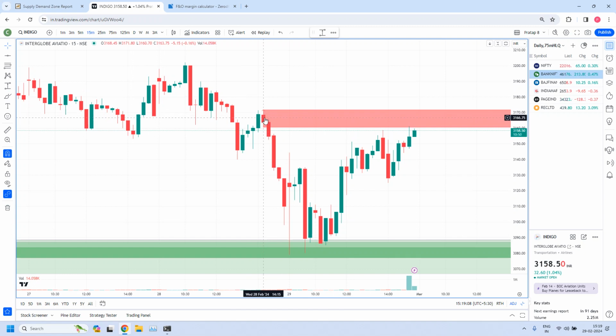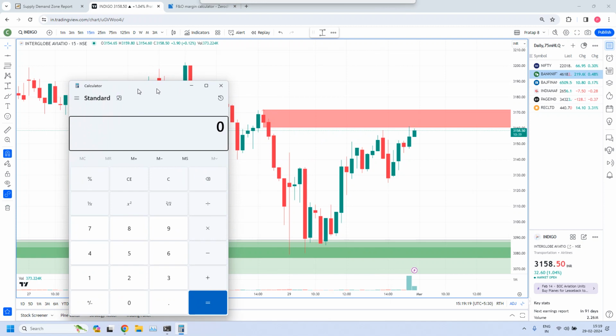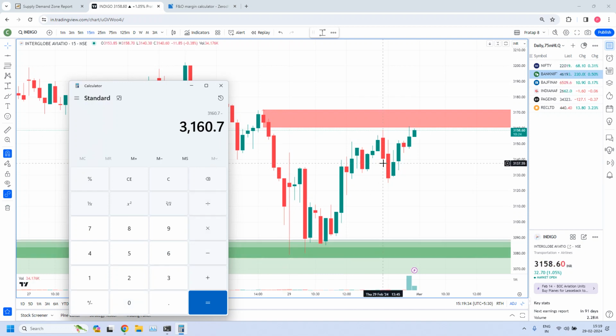So what is the profit? Low of the candle 3160.70. This is the target minus the entry, which is this 5 minutes area. So approximately what is the value?